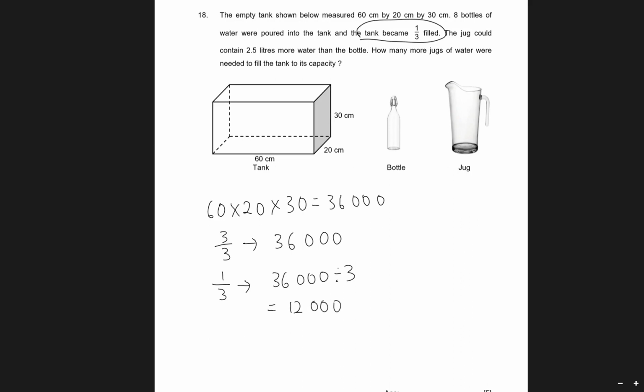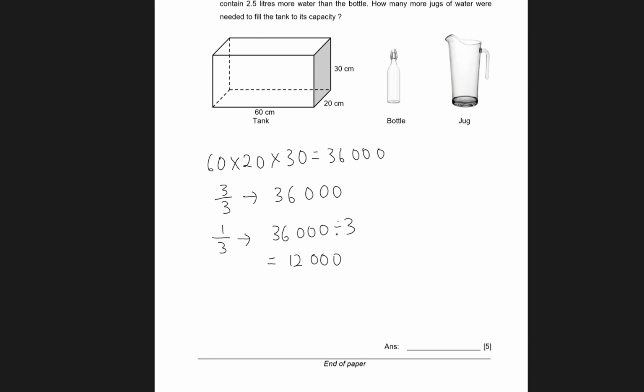And all these are being poured with the bottles, 8 bottles. Alright, so 12,000, we want to find out how much did each bottle fill the tank with. It will be 1,500. Let me write down the English, 1 bottle.